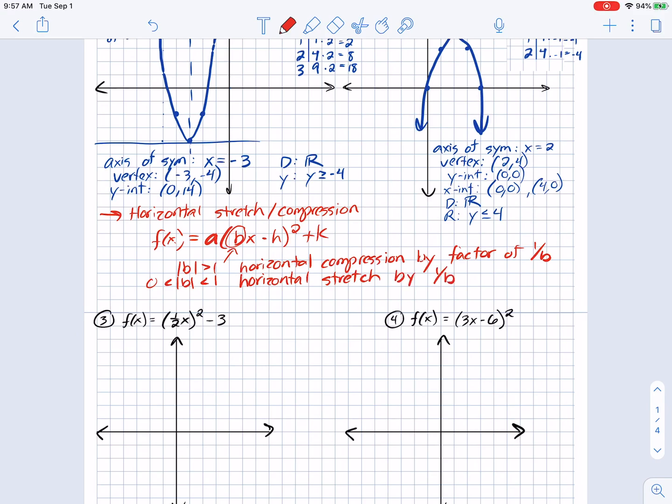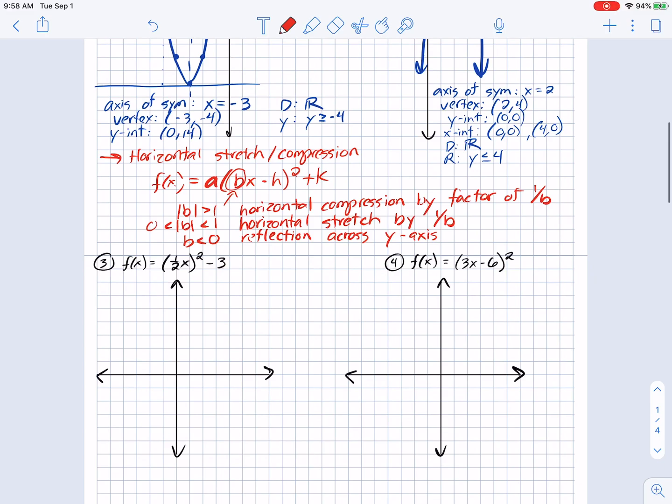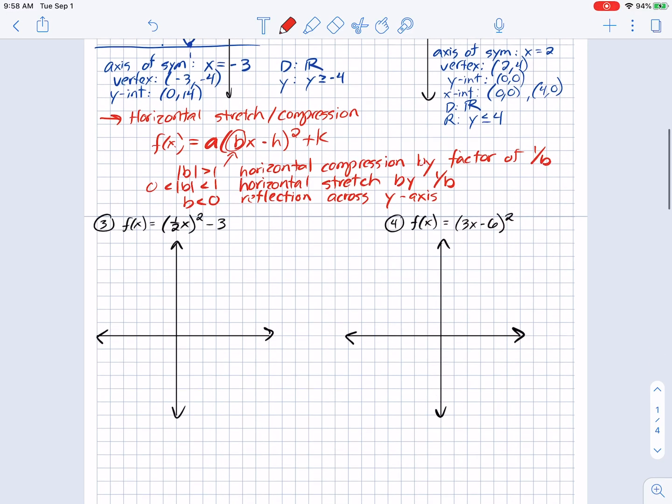That's how we describe it. And then if b is ever less than 0, then this is your reflection across the y-axis. And because parabolas are symmetrical, some of those reflections across the y-axis might be difficult to see, but we'll have an example of that down below here.